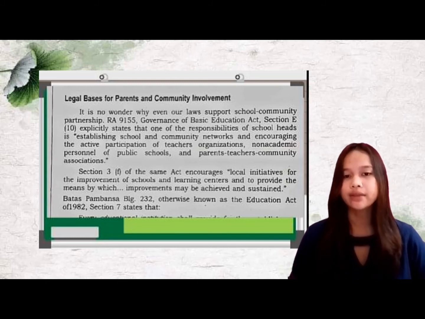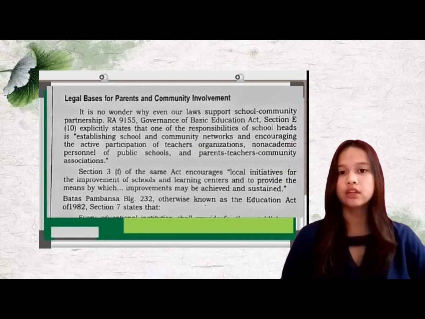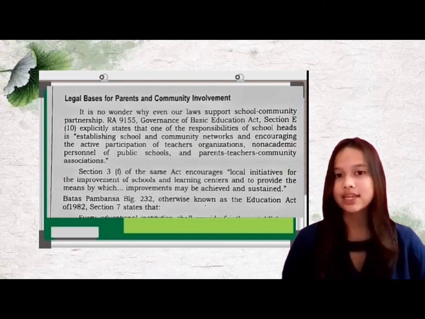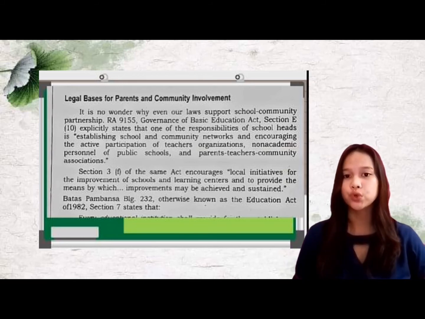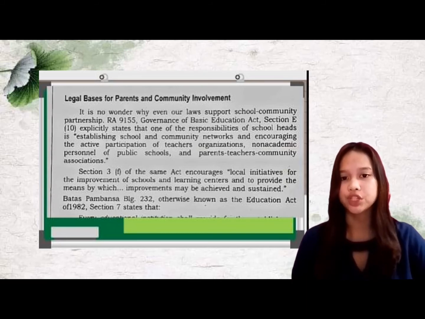The community and parents can contribute to the improvement of schools and learning centers, for example, the beautification of school facilities that can assist learners in improving their skills and knowledge. It also tells that the school head has the power, obligation, and accountability for attaining greater academic achievement.